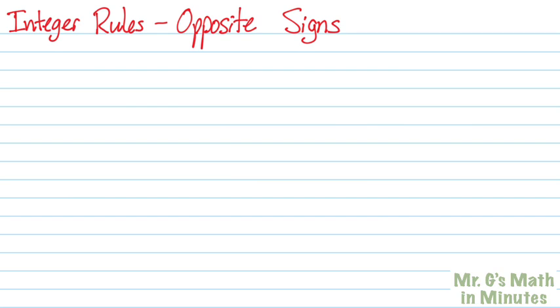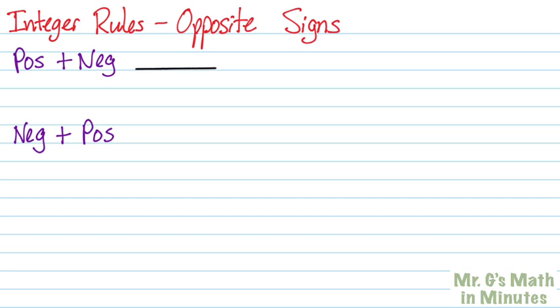Looking at the integer rules for opposite signs now, this could be a positive number plus a negative number, or it could be a flip of that: the negative number comes first and then a positive number. Now with these, our number lines could look quite different.